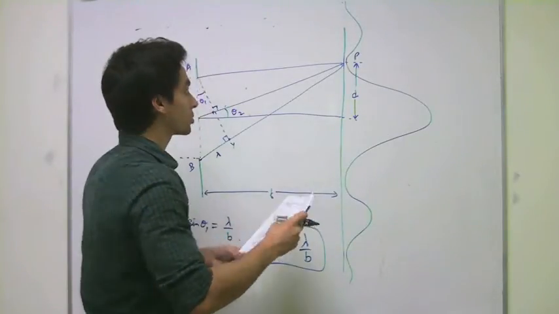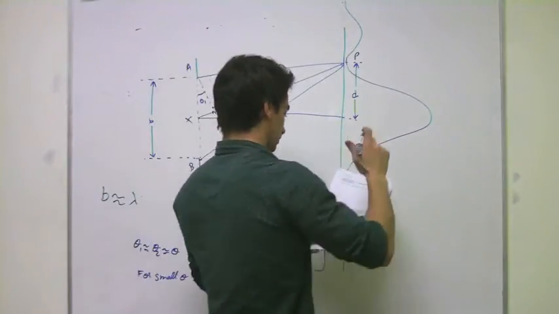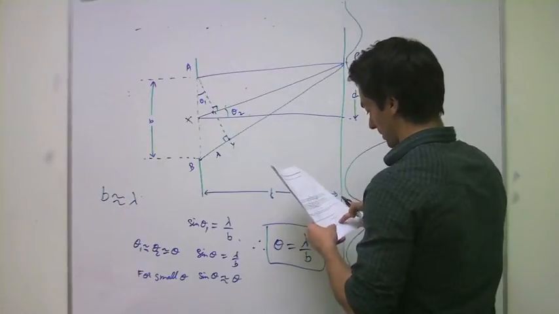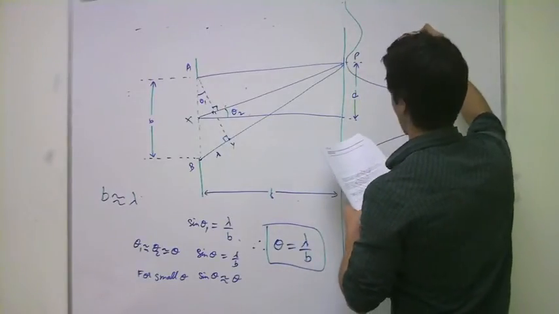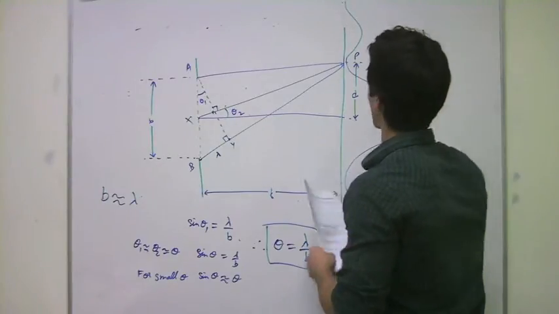Okay. Now we can also calculate this distance over here. From this calculation, we know that theta also equals d over f. Why? How do we get that?